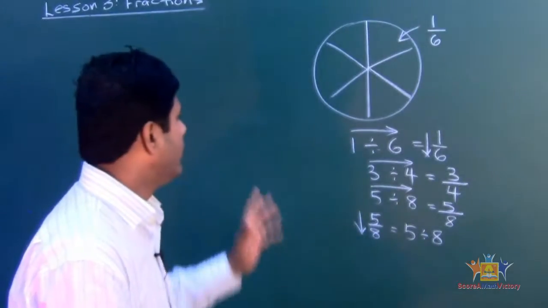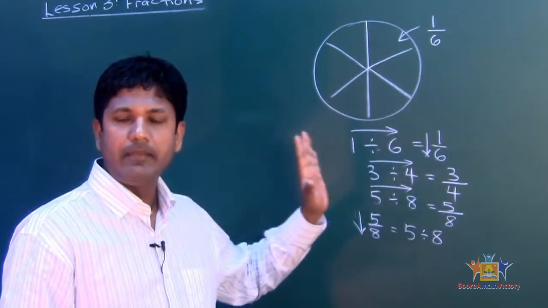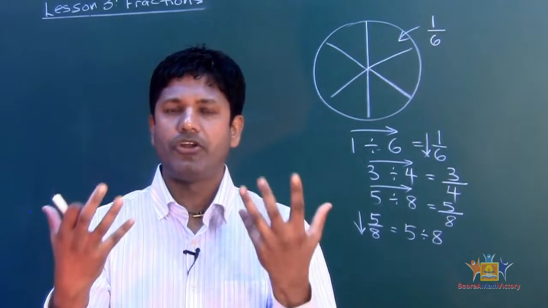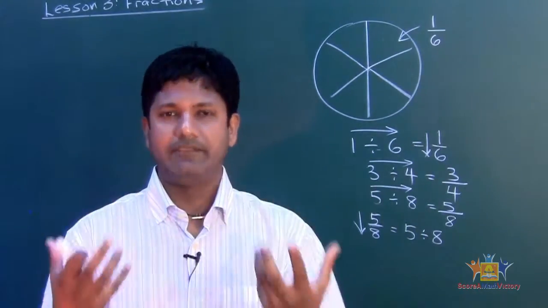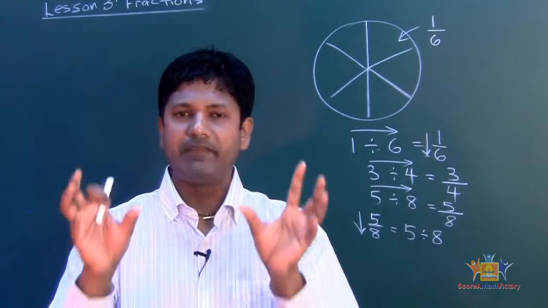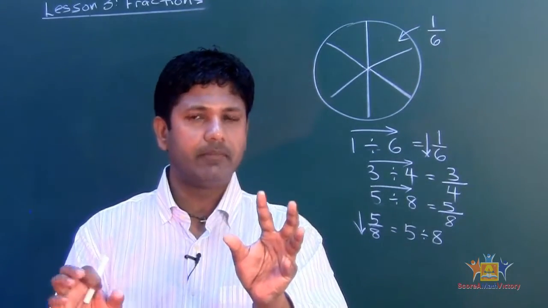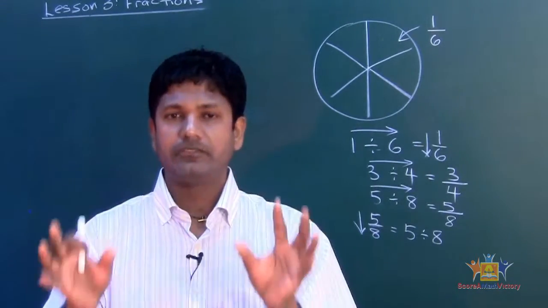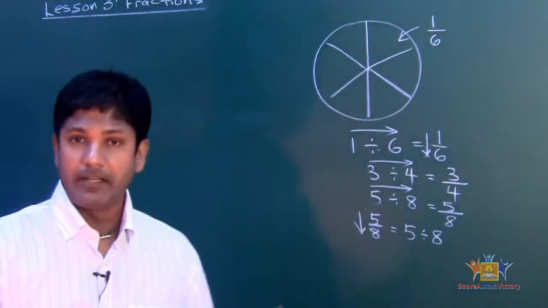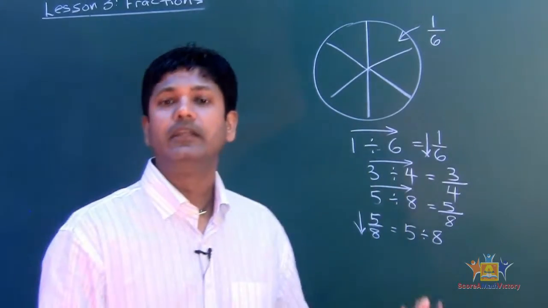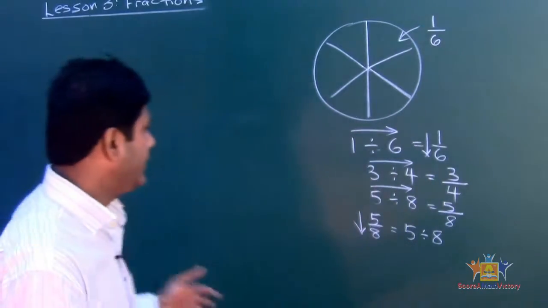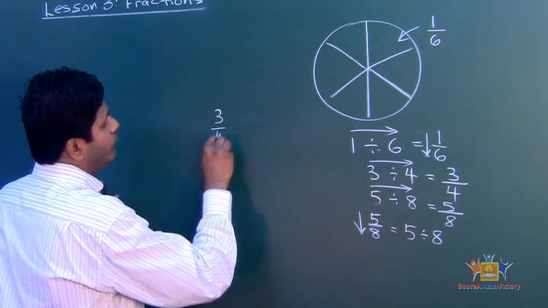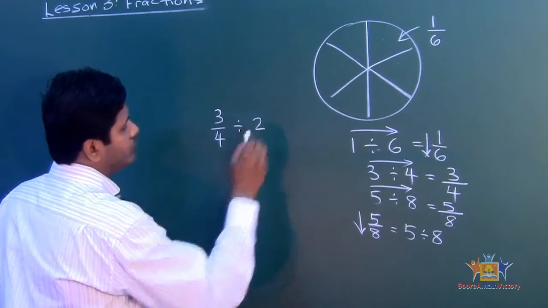The principle for division and multiplication is they both have to be in the form of a fraction in order to multiply or divide. If I give you mixed numbers or whole numbers, you have to convert them into fractions before you can perform multiplication, like you saw earlier, and division as well. Let's say for example I give you 3/4 divided by 2.